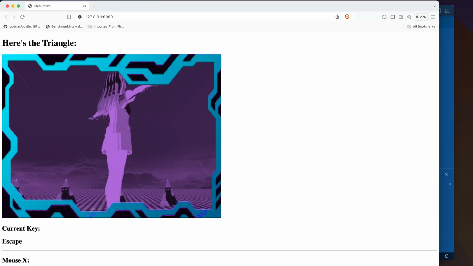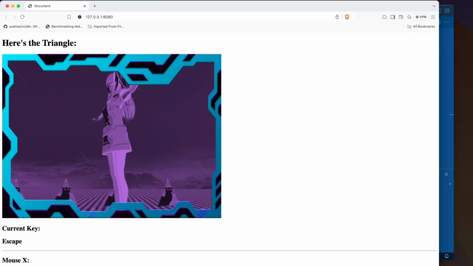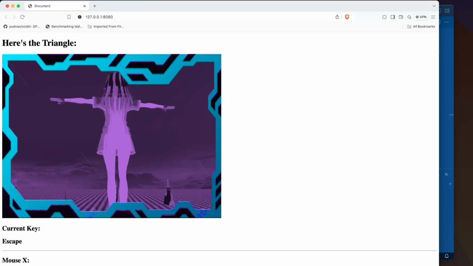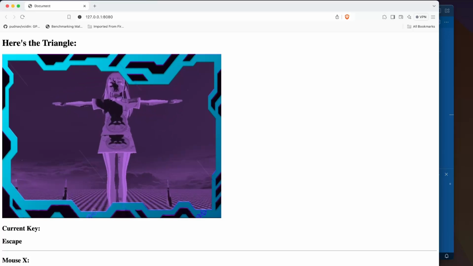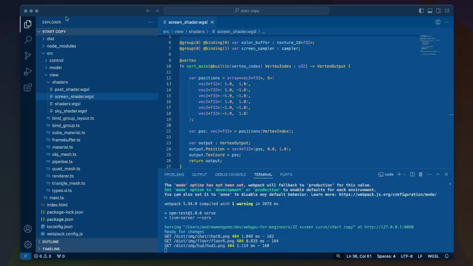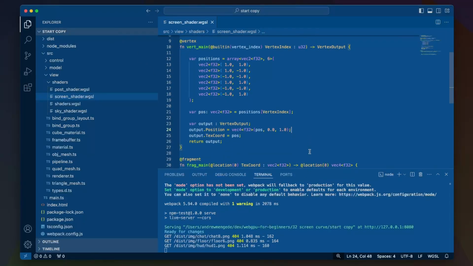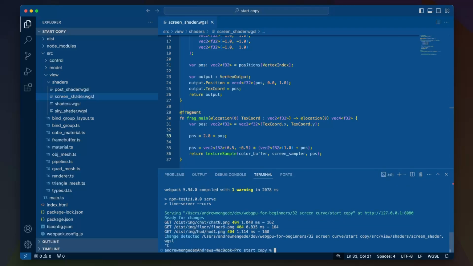So if our X coordinate gets doubled, it goes over to 2, it will be wrapping around and grabbing a repeat of the texture, to the right and the left. We can do the same in the Y. So this is just a really confusing way of me saying, let's see what happens if we double the texture coordinate. So we'll say pos equals 2.0 times pos. Give that a go.